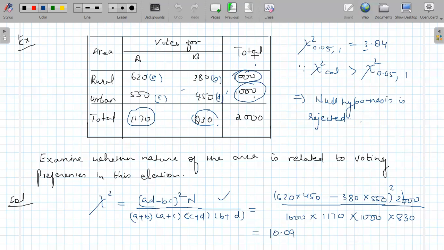So we always take the null hypothesis that there is no dependency of area on voter preferences, meaning these two are not dependent on each other. But because the null hypothesis is rejected, we can say that the nature of the area is related to the voting preferences in this election.